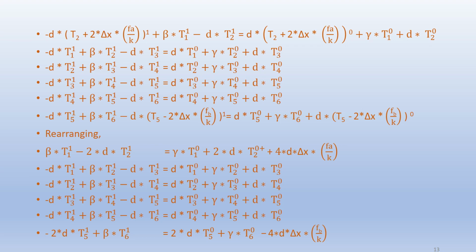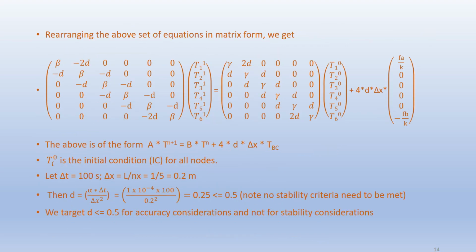We'll rearrange this set of equations. At the end, our ultimate goal is to put this in matrix form, so this set of equations can be easily solved. We'll rearrange the equations in the matrix form as shown here.